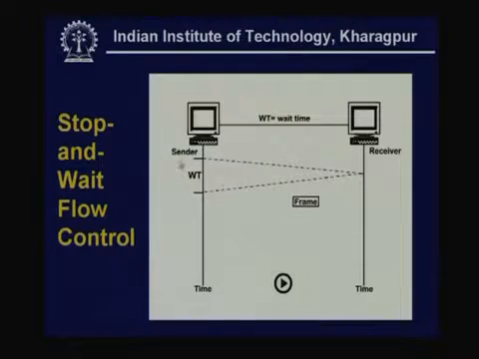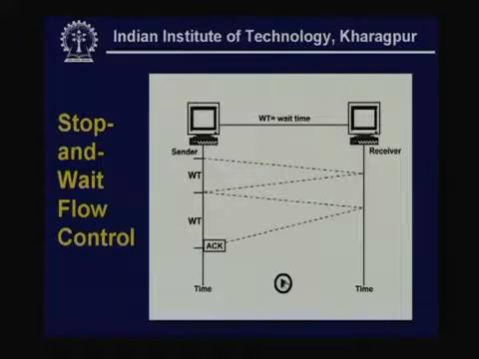So you see there is a waiting time involved before another frame can be sent. Similarly, after another frame is received by the receiver, it will send another acknowledgement, and after receiving that acknowledgement, again the sender will send another frame, as you can see from this animation.